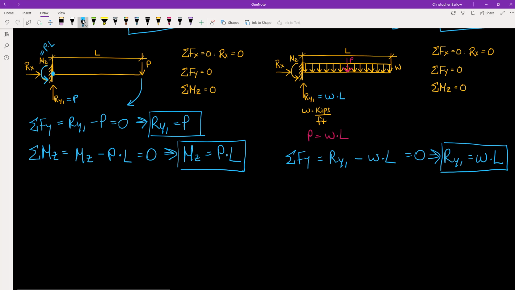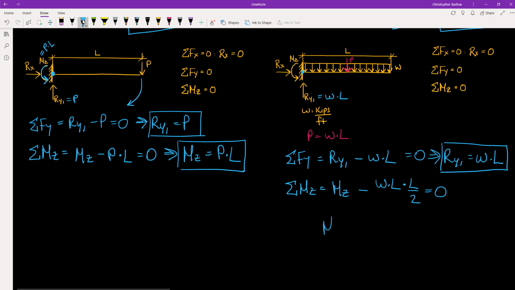As for our moment reaction, sum of moment in the z. Again, mz, our reaction, is positive here. And the moment due to our applied load will be negative W times L multiplied by its perpendicular distance to our support, where we are taking our moment, L over 2, equals 0.